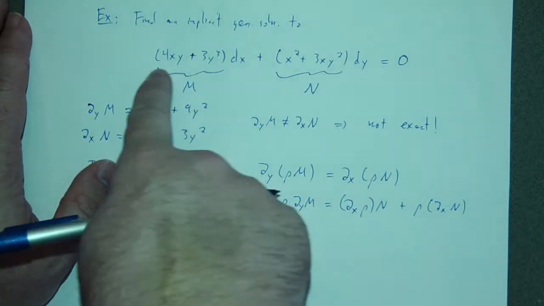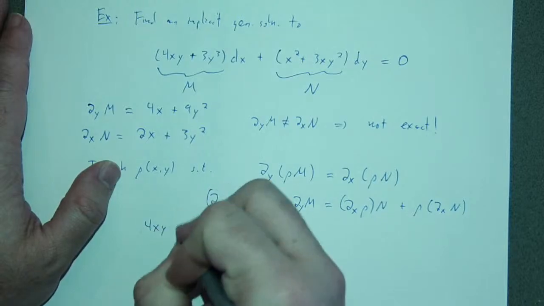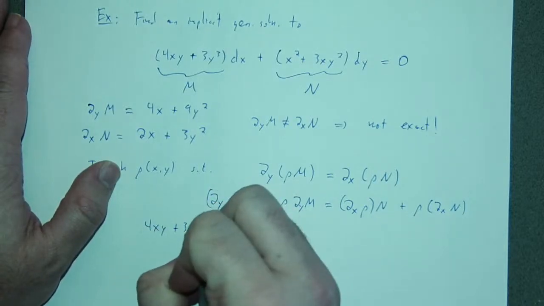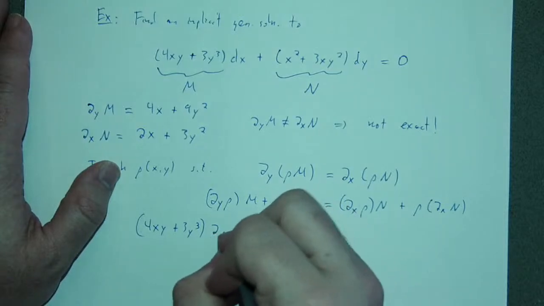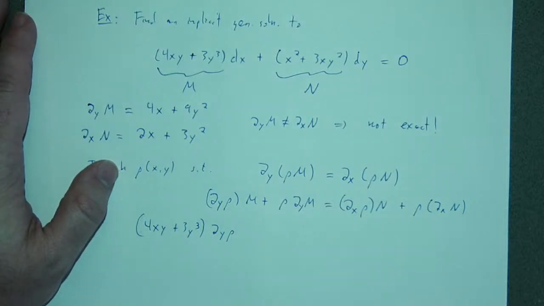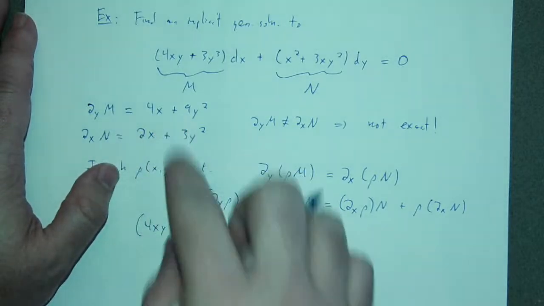So I know what M is. It's this thing. So this is 4xy plus 3y cubed, times the y partial of rho. Plus rho times the y partial of M, which we've already computed is this thing.